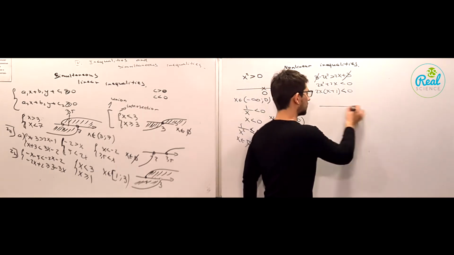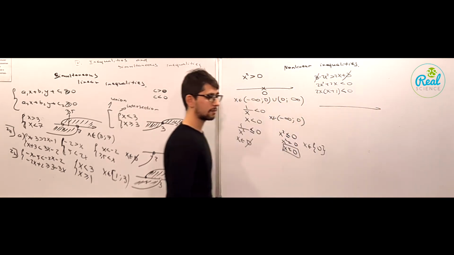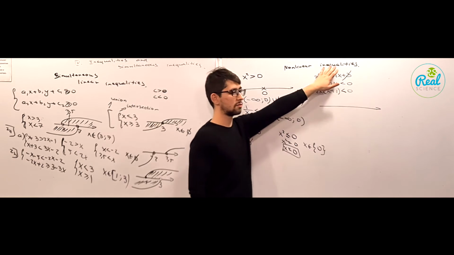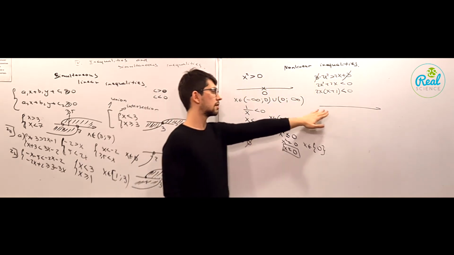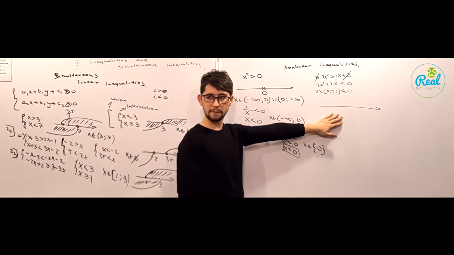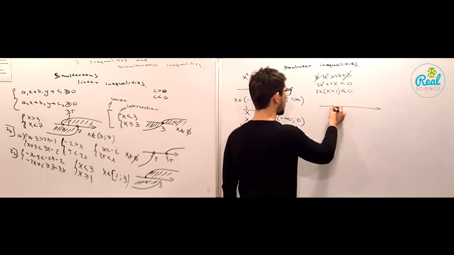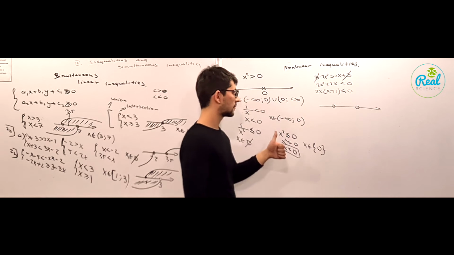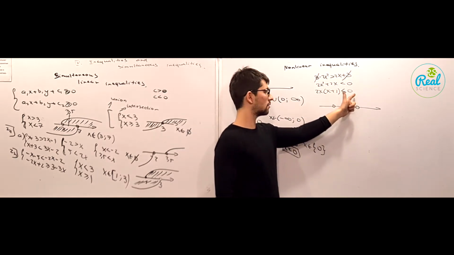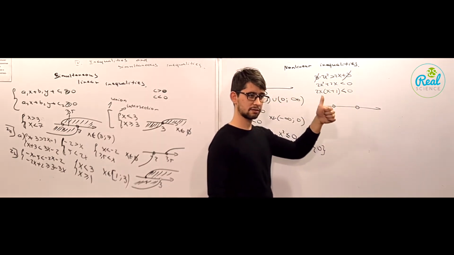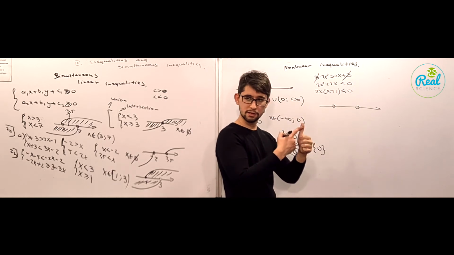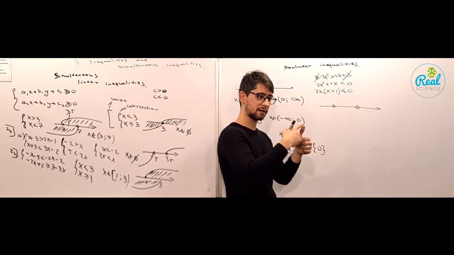So how to solve? Here you have an introduction to the general format of a nonlinear inequality using the method of intervals. To use the method of intervals, you have to meet some conditions.